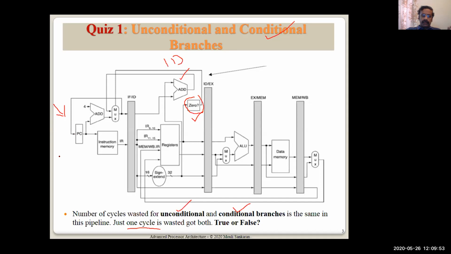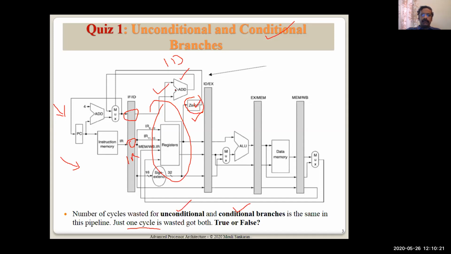Now imagine a branch instruction coming in. It will be passed on to the pipeline register. While it is being passed, the instruction's PC plus 4 comes here. Now this stage knows whether it is a conditional branch or an unconditional branch. Based on that, it may check the flag or it may not, but it will find the offset that is given.